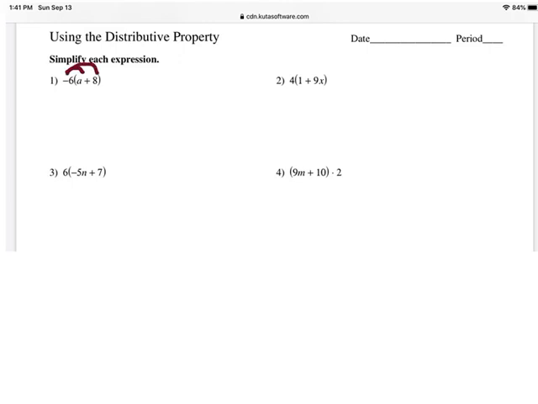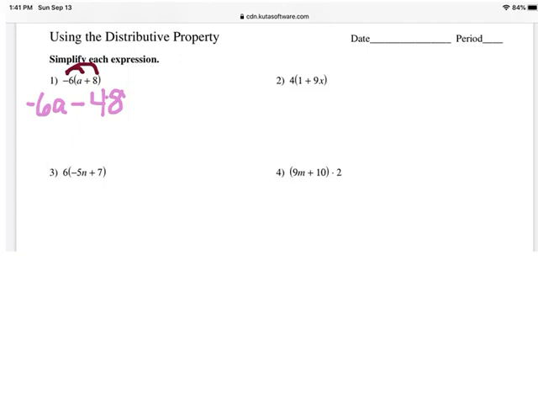Now, when we take -6 and multiply it with A, we're going to end up with -6A. Now there's a plus 8, so we're going to do -6 times a positive 8. That's going to give me a -48. And that's my final answer.